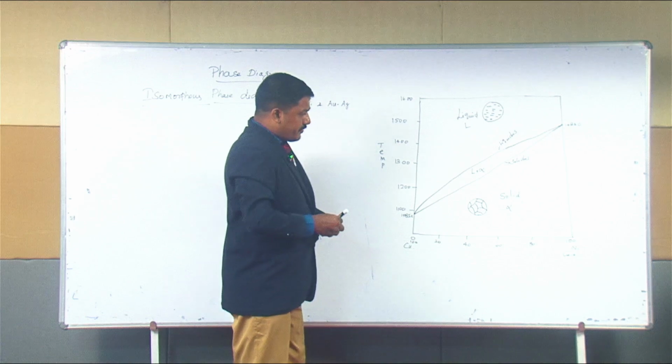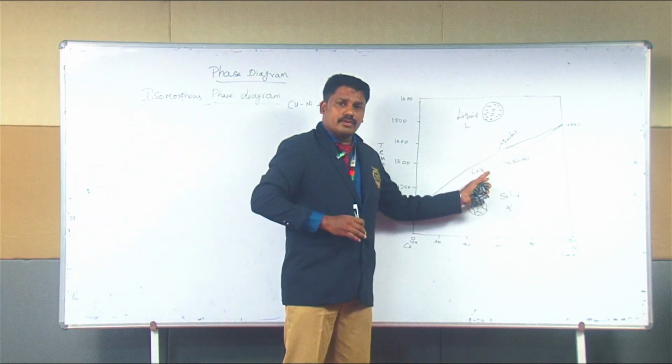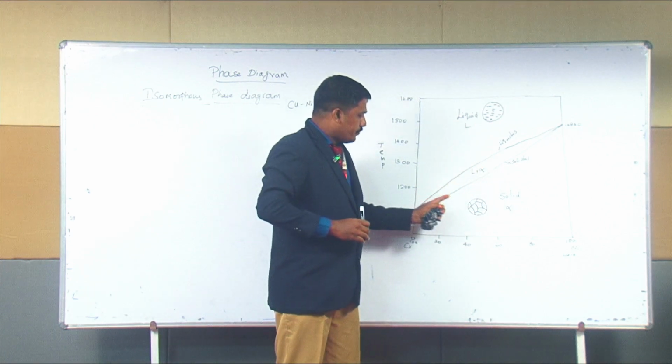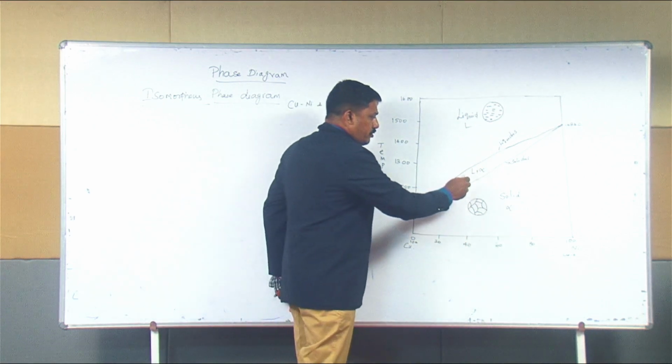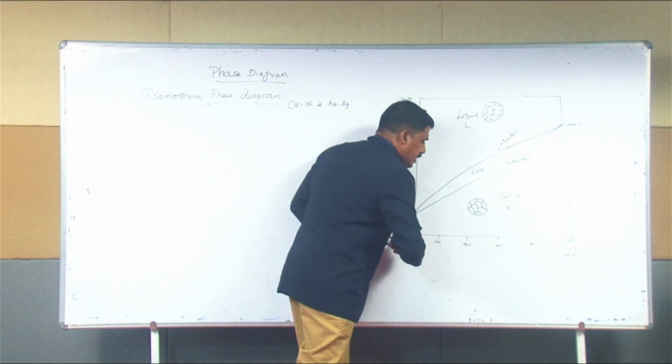Additionally, in this phase diagram, liquid plus alpha, a two-phase region, exists, and in this two-phase region the crystal structure is also the same.